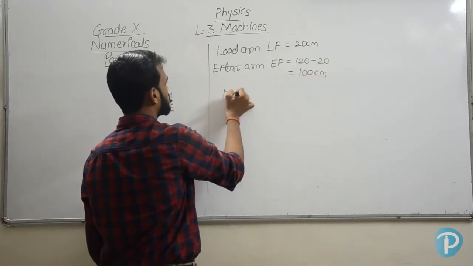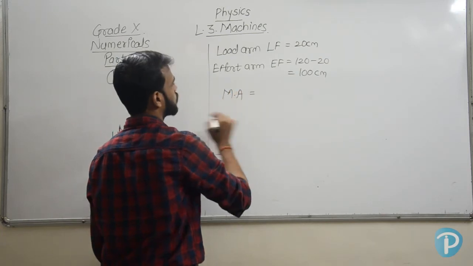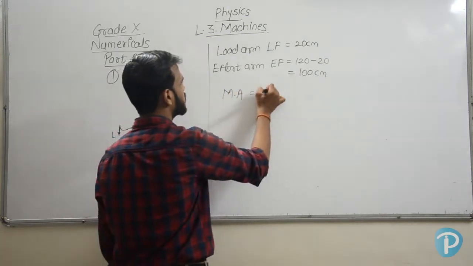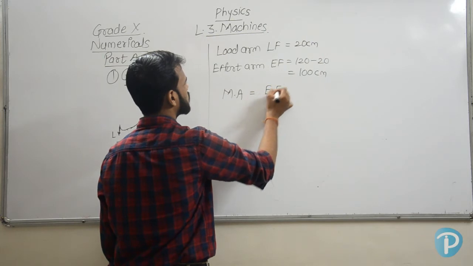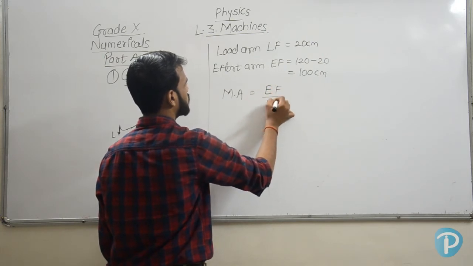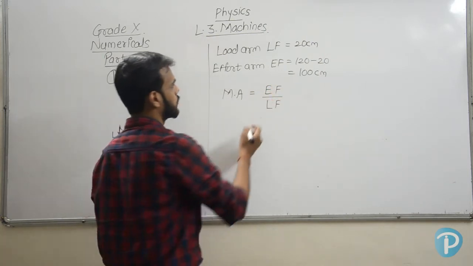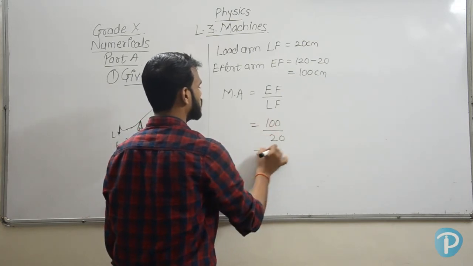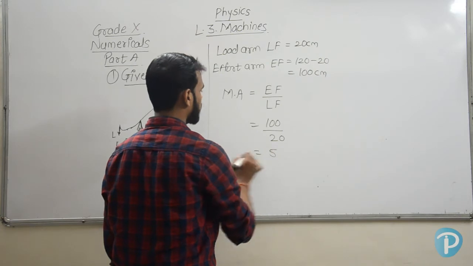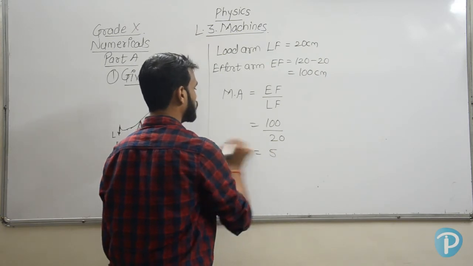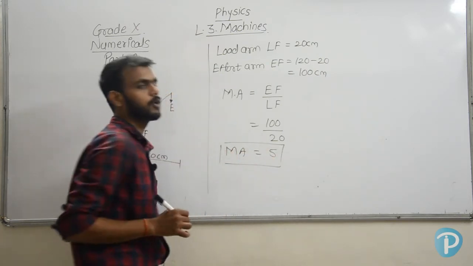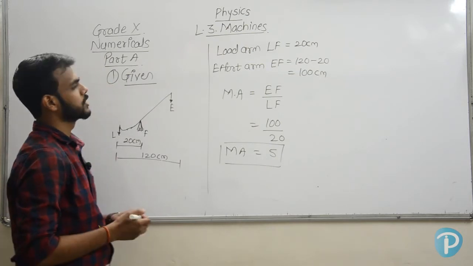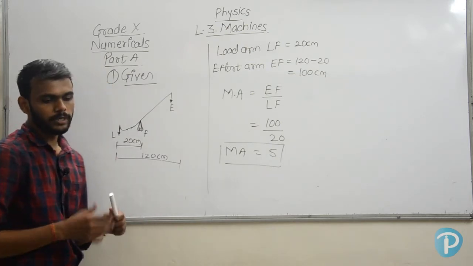And you know that mechanical advantage for any class of lever is effort arm upon load arm. So it will be EF upon LF. So EF is 100 cm, LF is 20, so the value will be 5, and there will be no unit to it as it is a ratio of same quantities. Okay, just pause the video and write it down carefully.